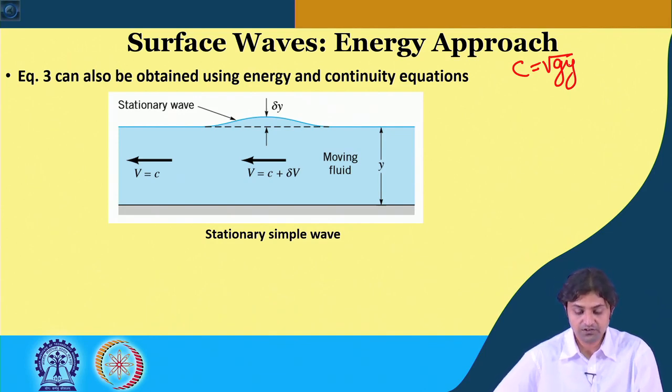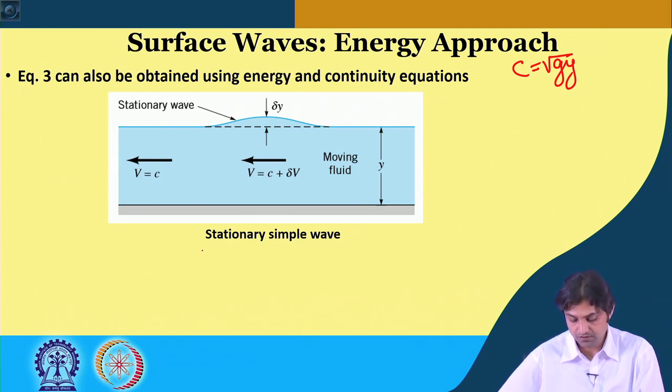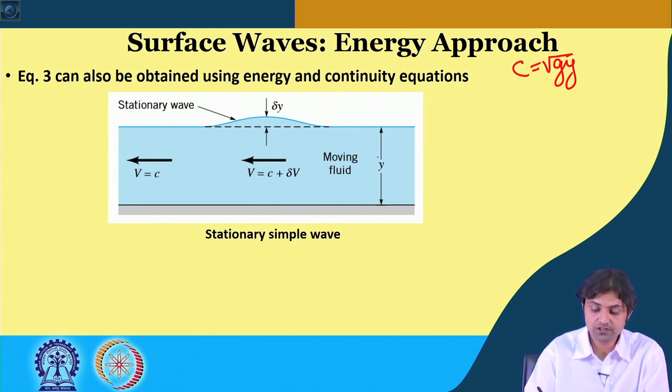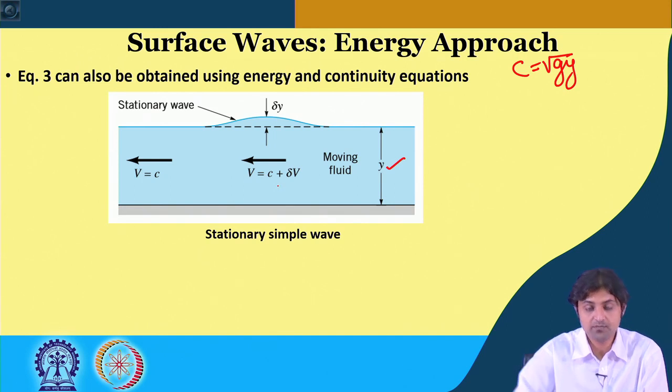So, you see this simple stationary wave. Okay. When the observer is moving with the wave, to him this wave is moving with the same wave speed. So, this wave will appear to be stationary to the observer, other things are same. You see the fluid depth is y, and the velocity behind him is c, and that is moving in this direction because of the wave speed, and the speed below the wave is c plus delta v.